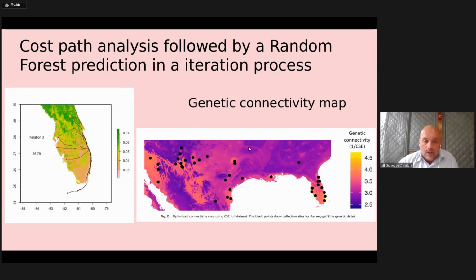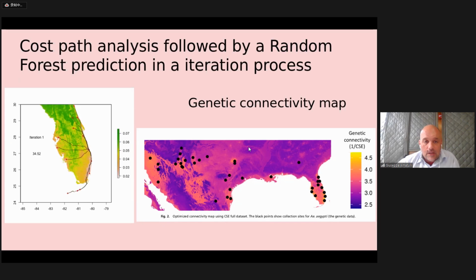So in this context, we were calculating the potential movement of the mosquito through a cost path analysis, and the cost path analysis had been done previously in R. Then for computational reasons, since we could not run so many iterations, I translated everything again in GRASS, and we could achieve a really high level of computation because we were able to use software that is much more suited for this kind of geocomputation analysis.